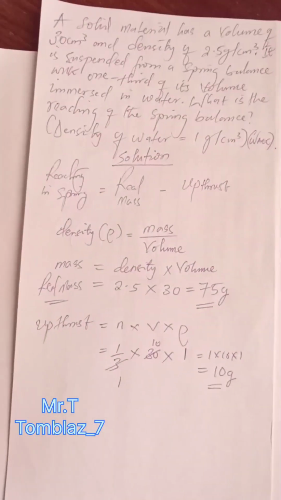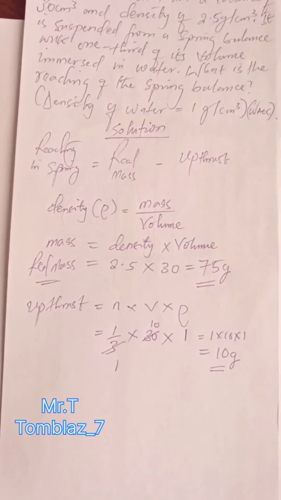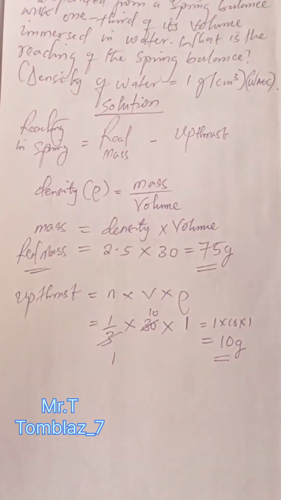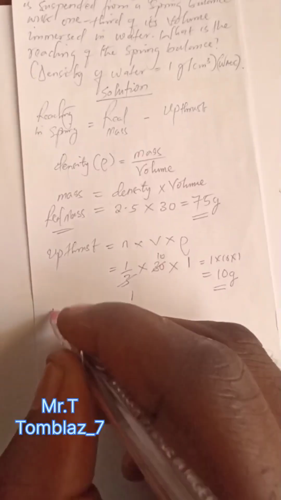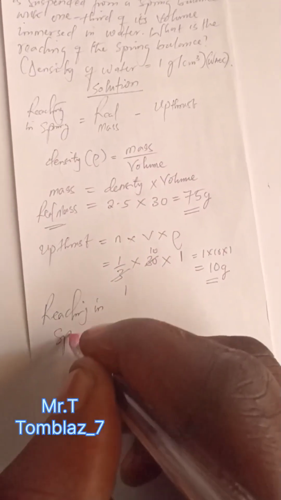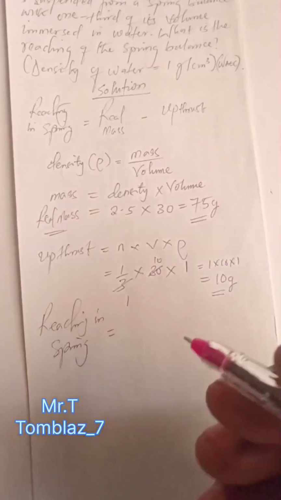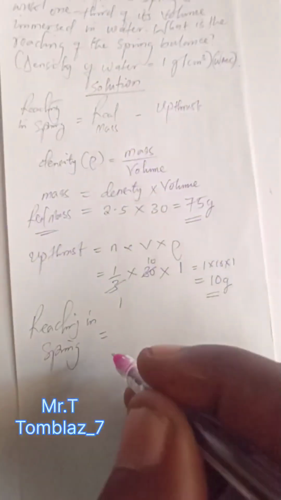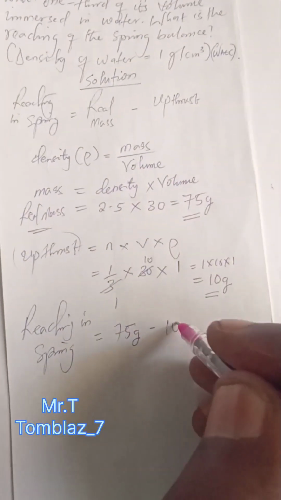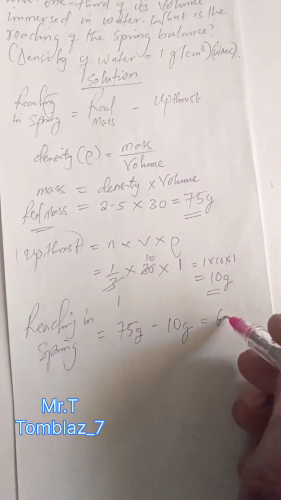So if we have gotten 10 grams, in case we want to leave our reading in mass, we'll just say the reading in spring is going to be the real mass, 75 grams, minus upthrust. Upthrust is 10. So it's going to give what to us?